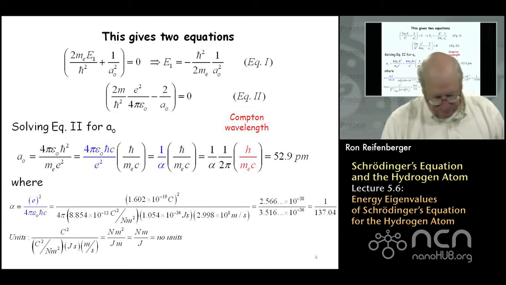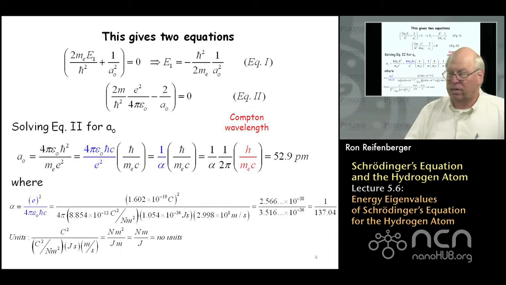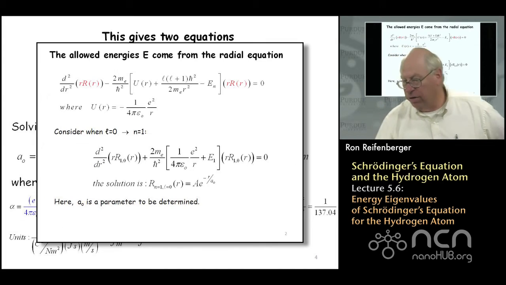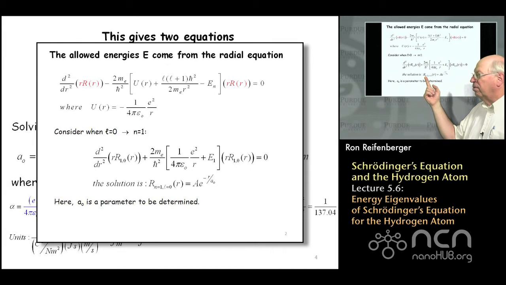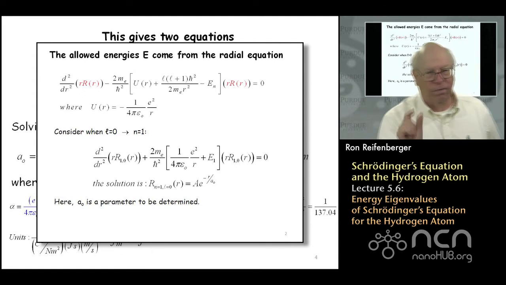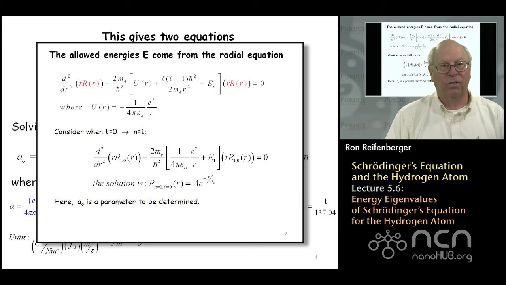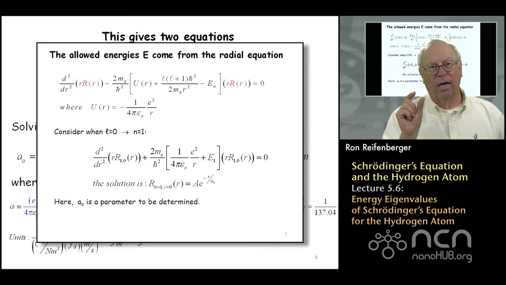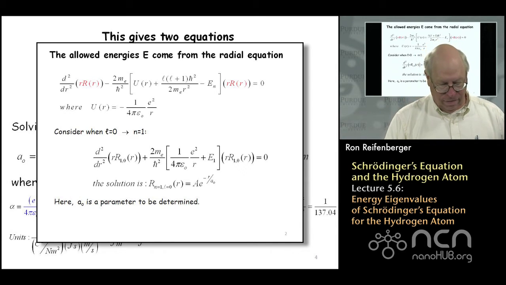And that is an important number, right? That basically is telling you the radius of the hydrogen atom. It's basically telling you that the radial wave function drops to 1 over E when R is equal to A0. And so A0 is 52.9 picometers, and that basically defines the radius of the first energy eigenstate of the hydrogen atom.